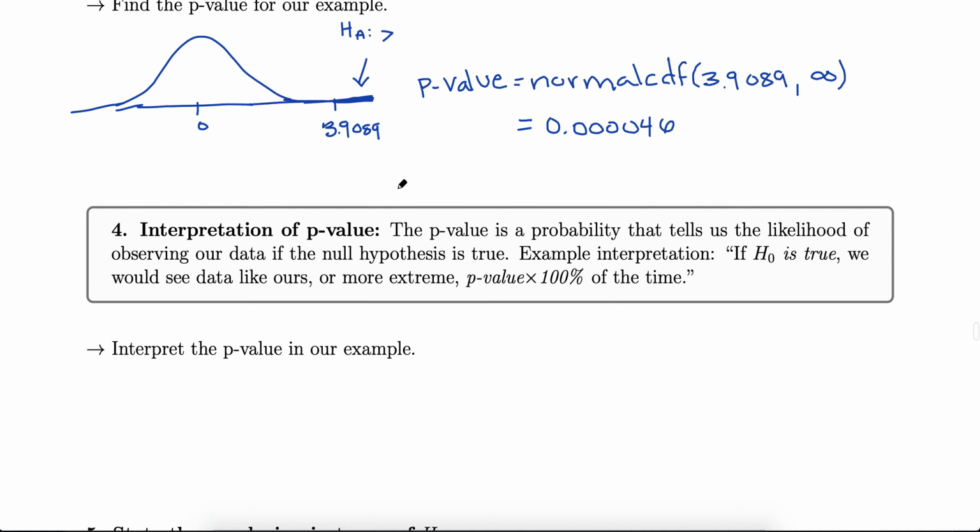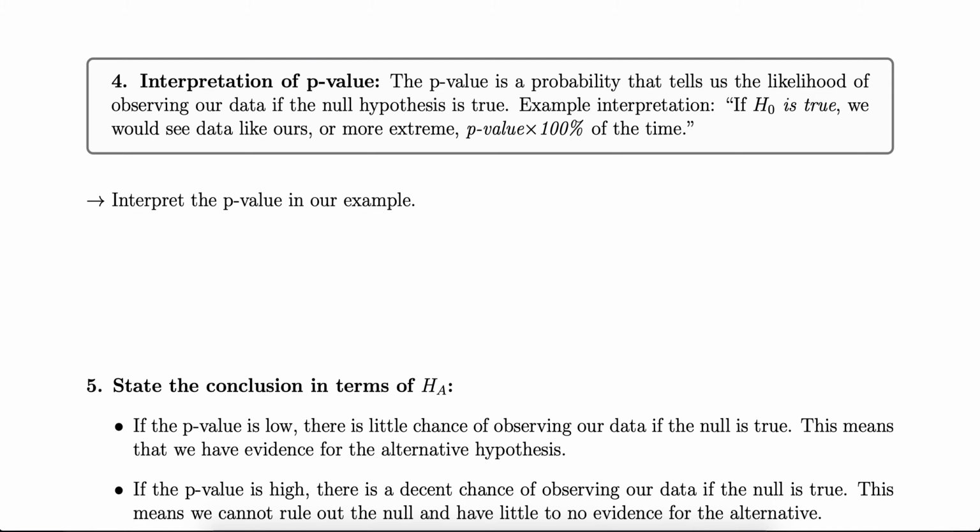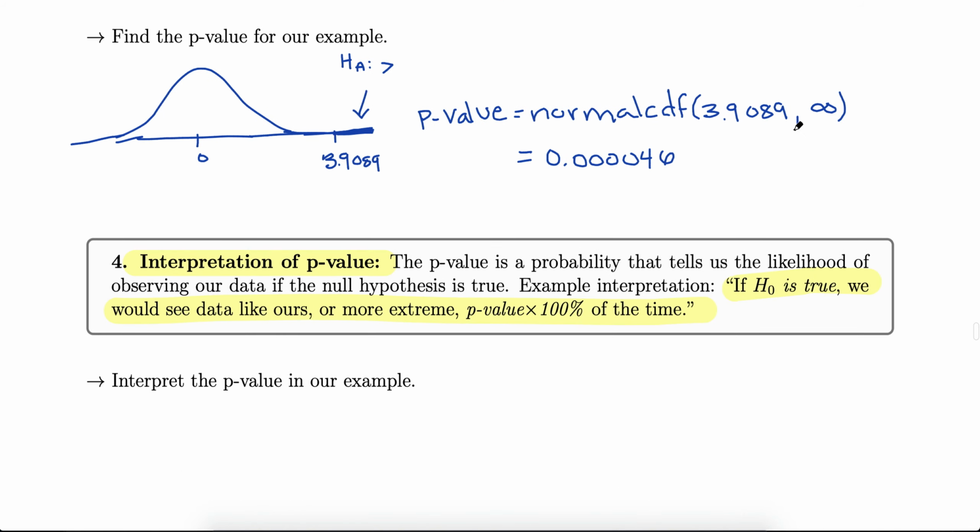So that's what we're going to do in our next step, is actually just interpret that percentage we found. Interpreting the p-value, I would highlight this interpretation. You're basically going to use this in whatever the context of the problem is. So this is telling us, this is how we found the p-value. If the null is true, that's what we assumed when we calculated this test statistic. We plugged in 11% everywhere.